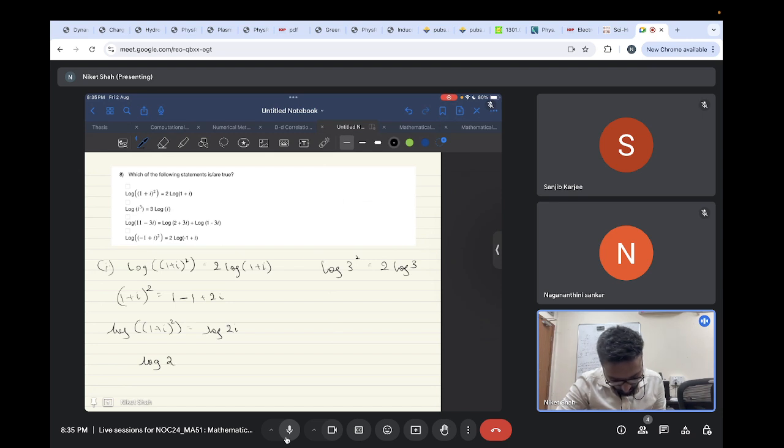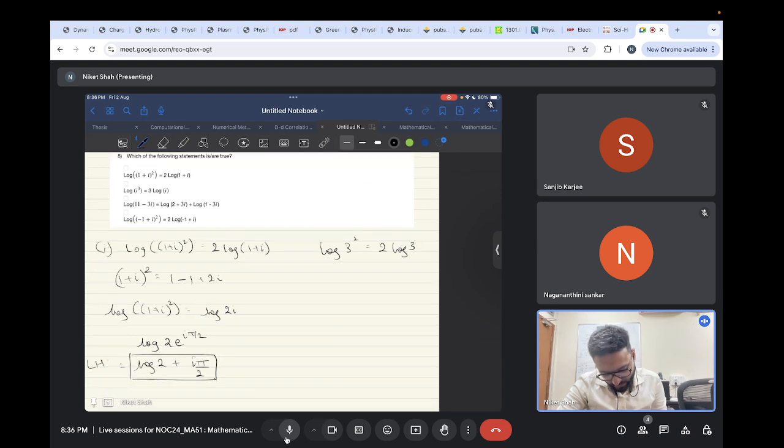Log of 2 e raised to power i pi by 2. So this is equal to log 2 plus i pi by 2. This is my LHS. LHS is equal to this.